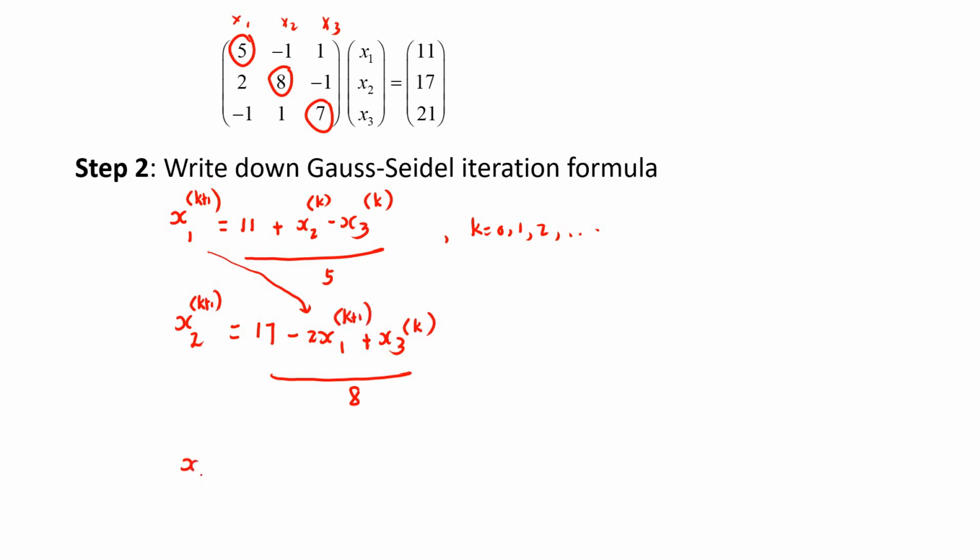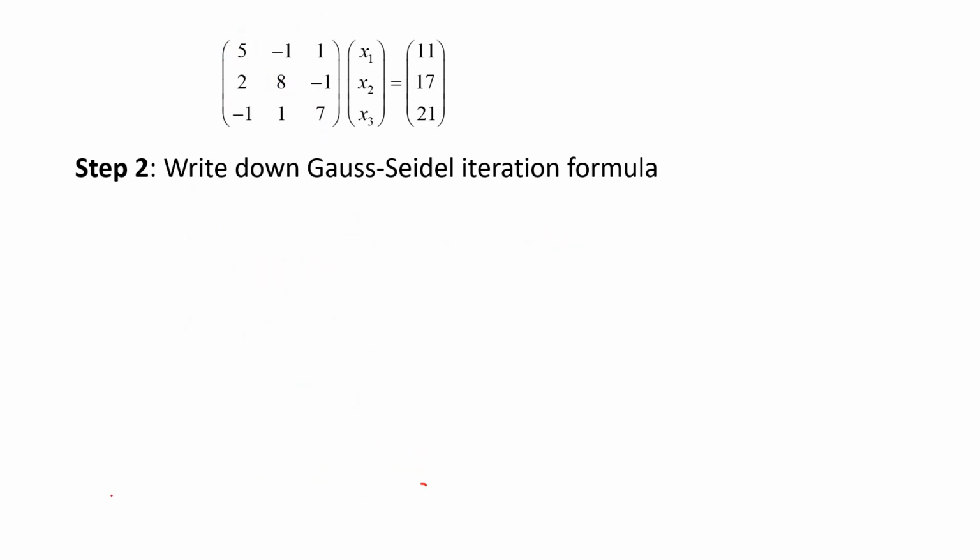Now to calculate x3, focus on x3. The x1 and x2 terms are brought to the other side. So you have 21 plus, also minus 1 brought to the right hand side becomes plus x1. Here, bring to the other side, so it becomes minus x2.